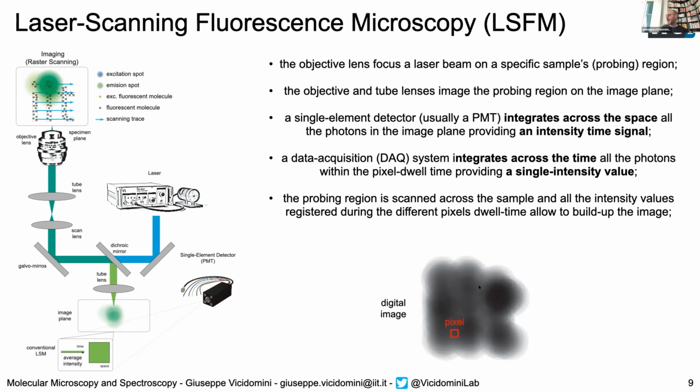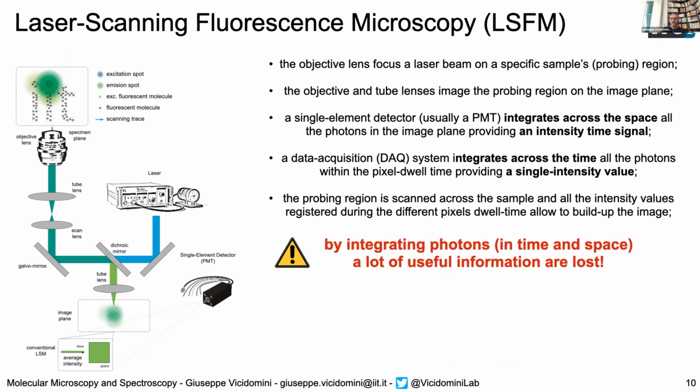So that's basically how the image is formed in a conventional laser scanning microscope, in your confocal microscope for example. But it's clear that we are losing a lot of information during this process. You shine the light on a region, and in this region there are different molecules distributed spatially, and you produce an image, but at the end of the story, you integrated across the space. So you are losing the spatial information.